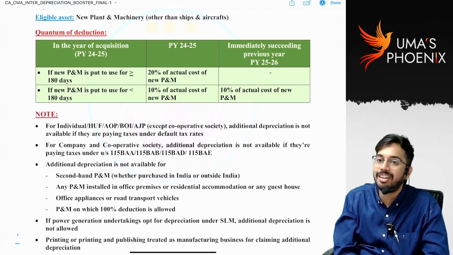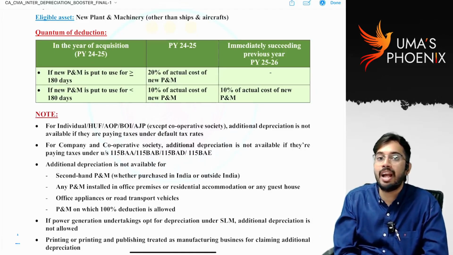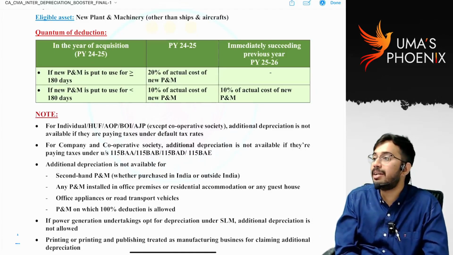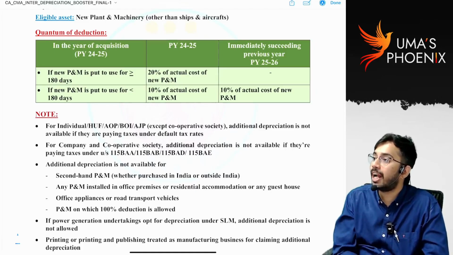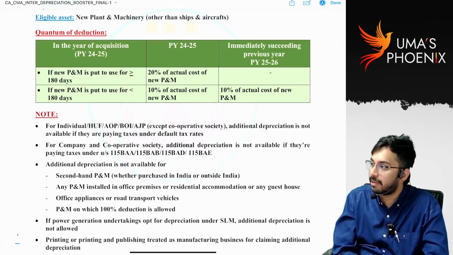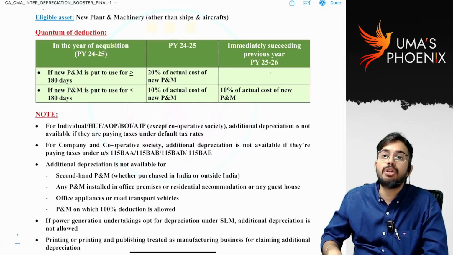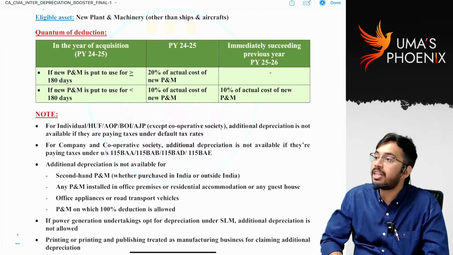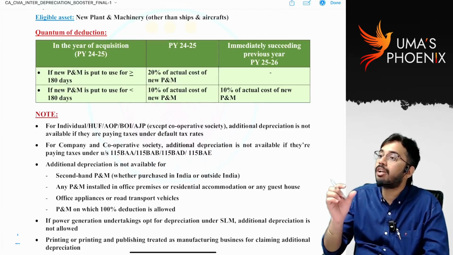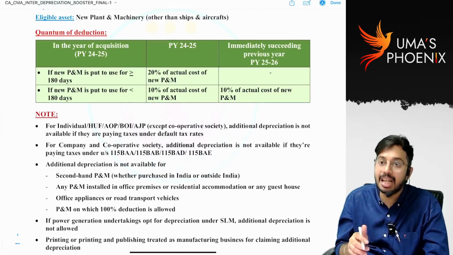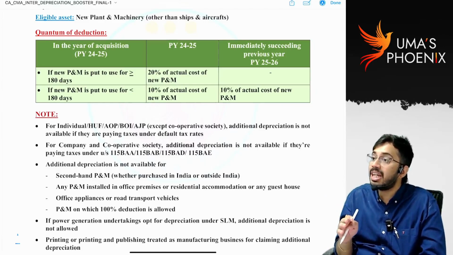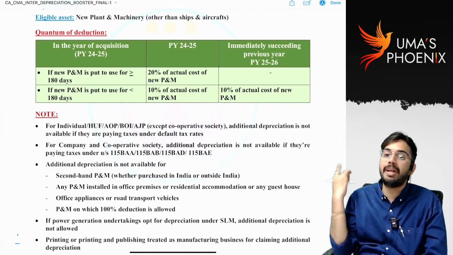If an asset is put to use for more than 180 days, additional depreciation is 20% of actual cost in the current previous year. If an asset is put to use for less than 180 days, additional depreciation is 10% of actual cost in the current previous year and 10% of actual cost in the immediately succeeding previous year.